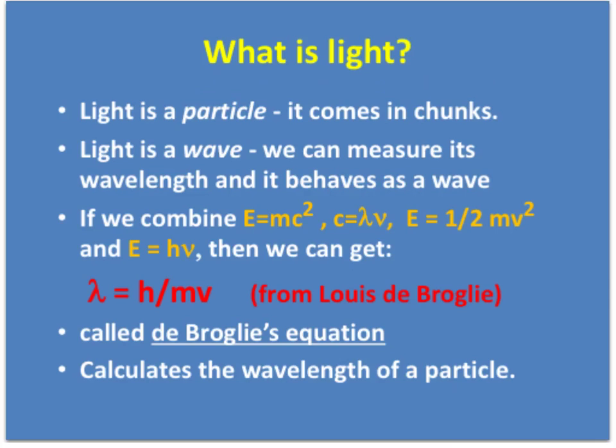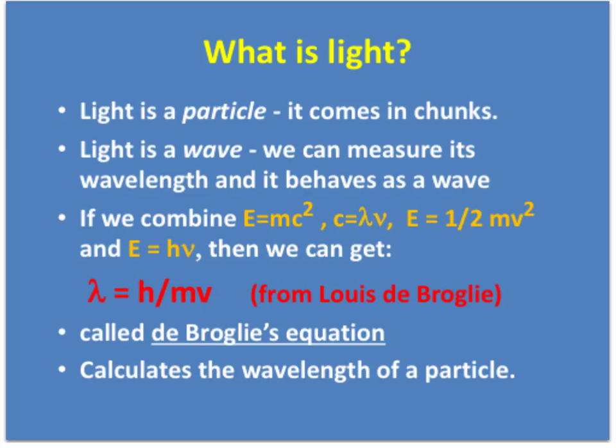So light is thought of as a particle because it comes in chunks, or as a wave because we can measure its wavelength. Now, by combining these equations, E is equal to mc squared, c is equal to lambda nu, E is equal to half mv squared, E is equal to h nu, we can end up with this equation: lambda is equal to h divided by mv.